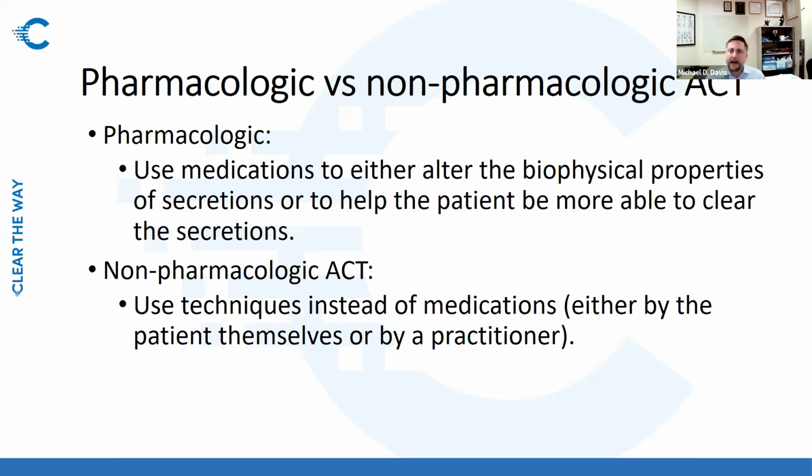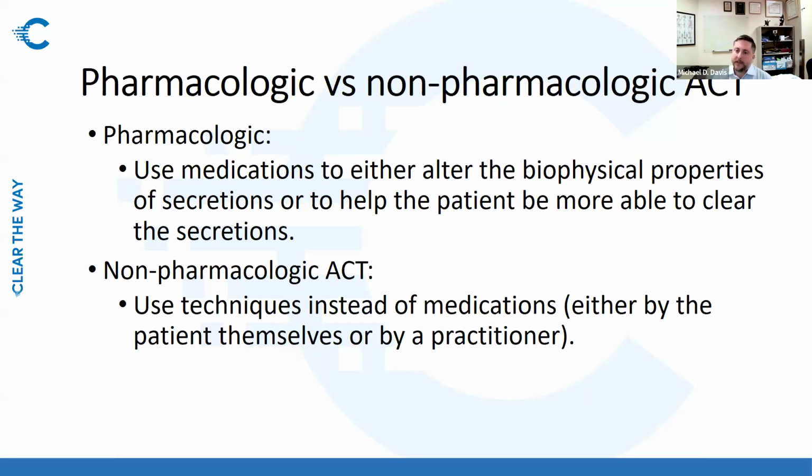There are two big categories we can break our airway clearance techniques into. Pharmacologic, which just means where we use drugs to help clear the airways, or non-pharmacologic, where we don't use drugs, we use techniques. For the pharmacologic ones, we use those drugs either to change the properties of the mucus down in your airways and make it easier to clear, or to change the airways of the patient themselves to make the airways easier to clear, more open or larger, to get those secretions up and out.